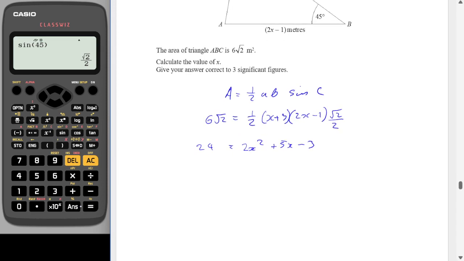Okay, and so that's going to give me, if I take everything over to the one side, 0 is going to be equal to 2x squared plus 5x minus 27.